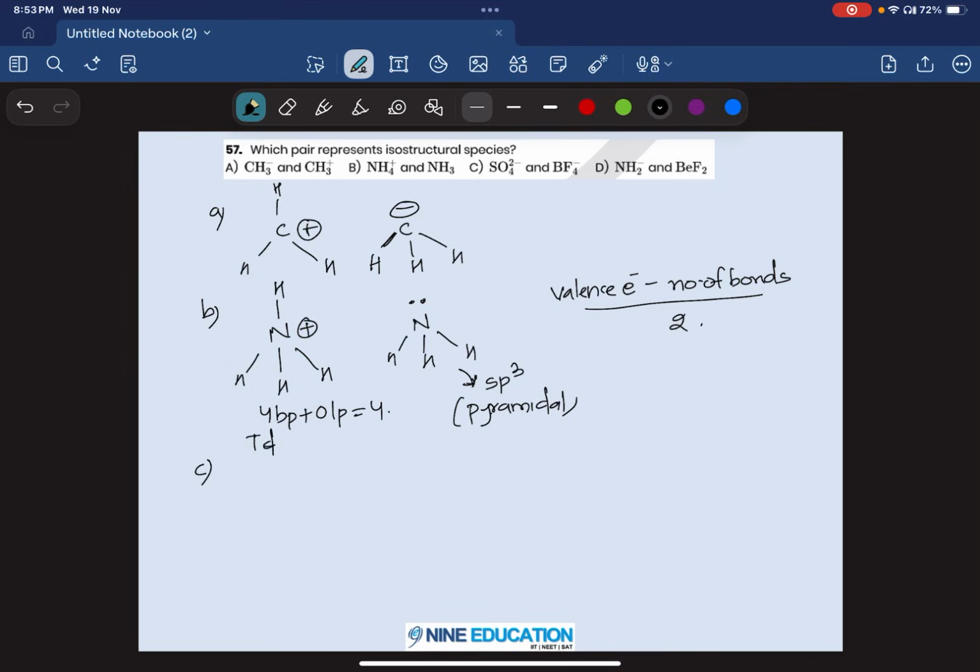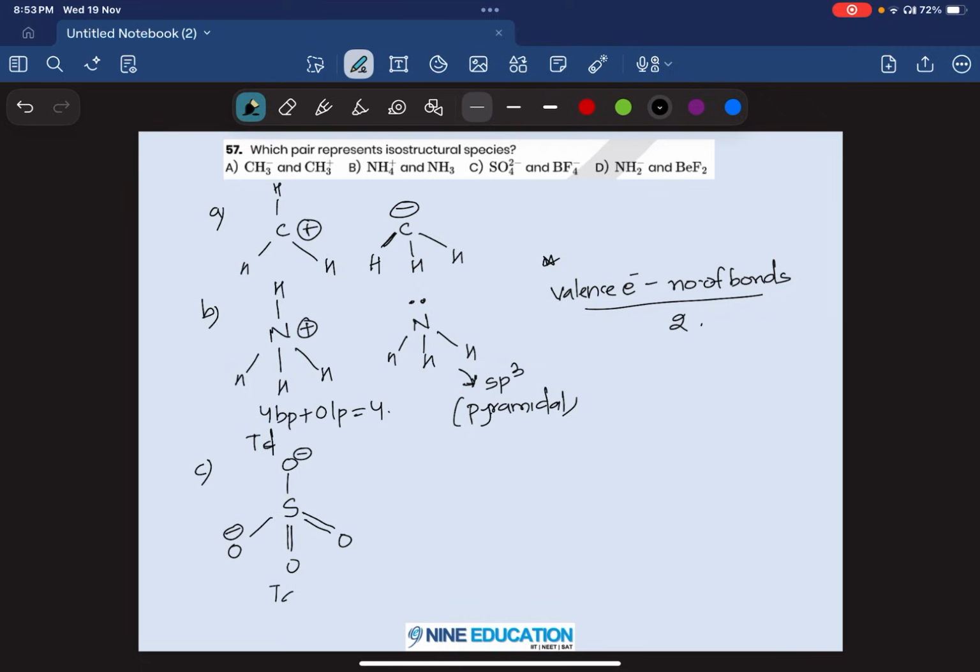Then option C, SO4 minus 2 and BF4 minus. If you calculate using this formula, you will understand that the SO4 2 minus structure is like this. Two oxygens have a single negative charge, and two oxygens form double bonds with sulfur.